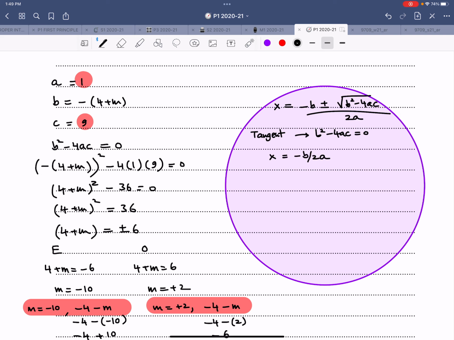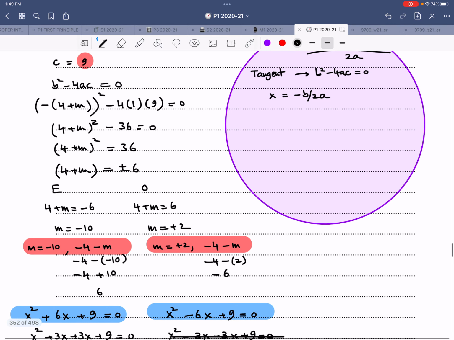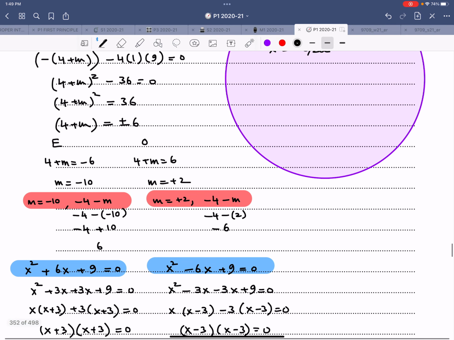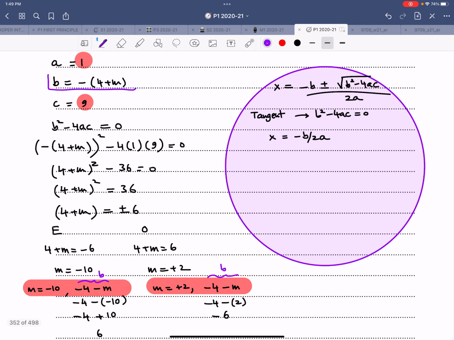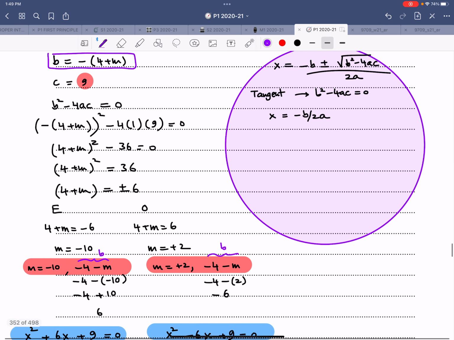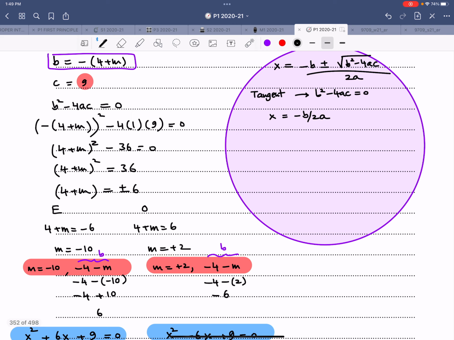That means in this particular scenario, this is the value of b. Remember, this is b and this is b. So in the first scenario, when m is negative 10, b is 6 and a is 1. When m is positive 2, b is negative 6 and a is still 1.